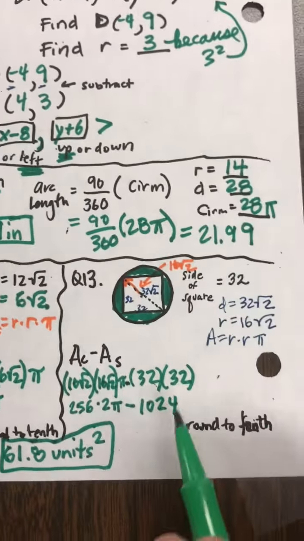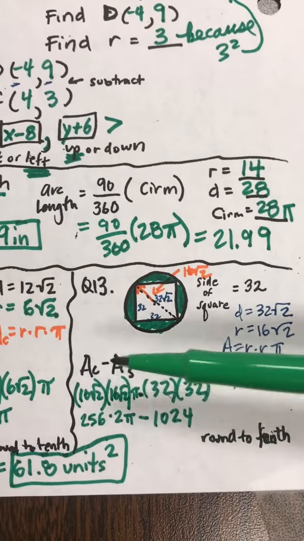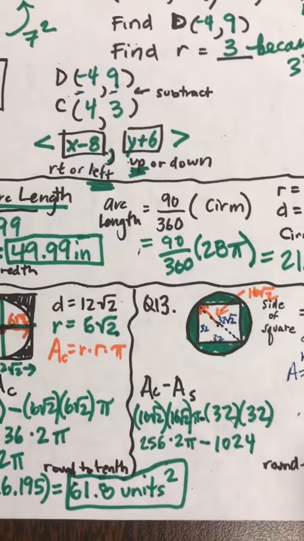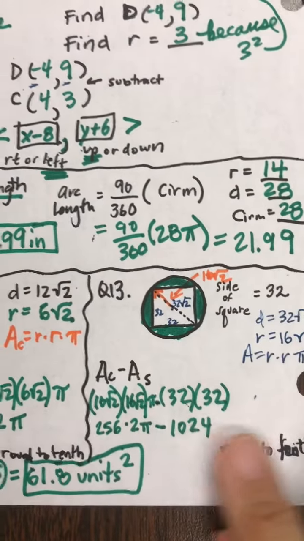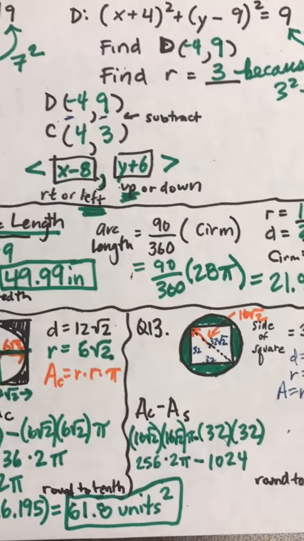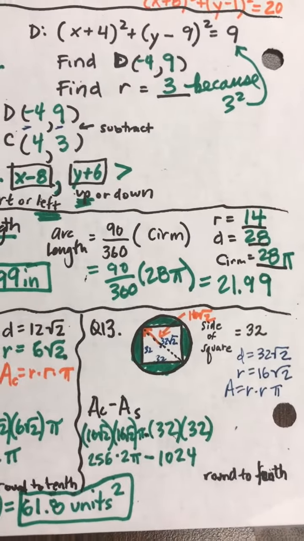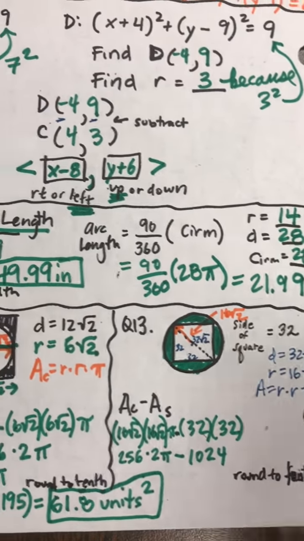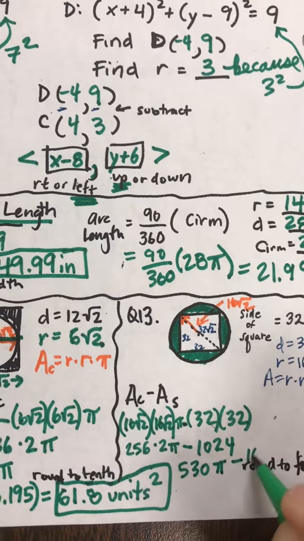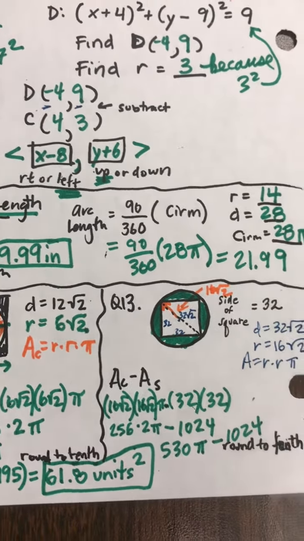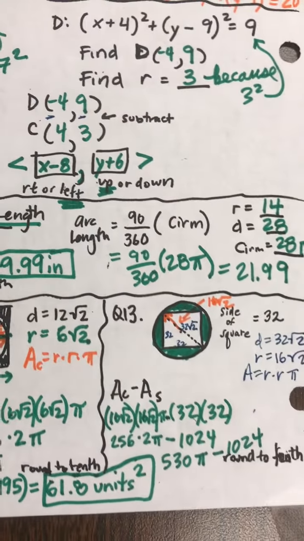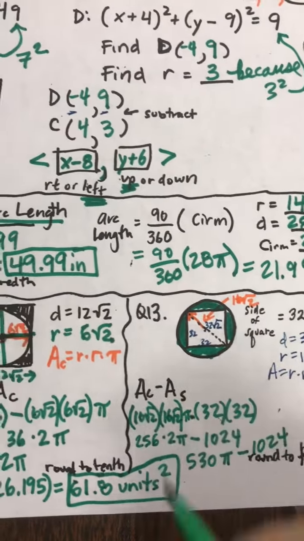So this again is a final answer, or this. Those are all looking good. For a bonus point though, I'd love it if you would finish out the problem and round to the tenth. So let's see, 256 times 2, oops, 256 times 2, 512.